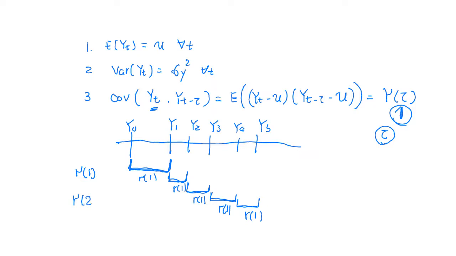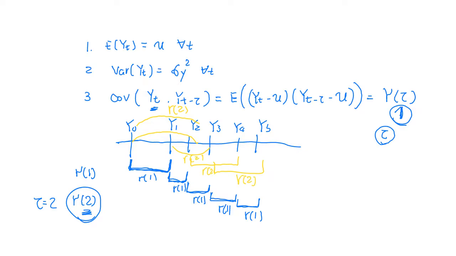Then, another example: if I pin down tau equal to 2, I try to find the covariance between two periods separated by 2. Those are called gamma 2, gamma 2, gamma 2, gamma 2.